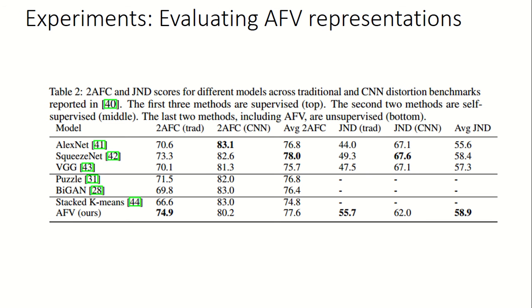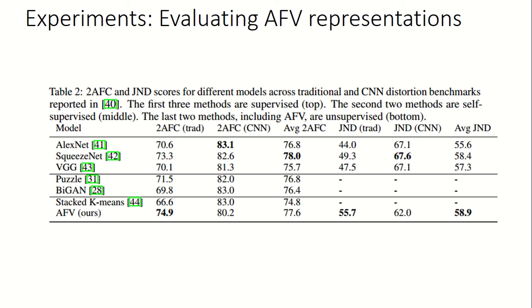So as you can see in this figure, the adversarial Fisher vector is achieving better results compared with methods like AlexNet, VGG, even a stack of k-means, for measuring how these vectors match our visual perception.